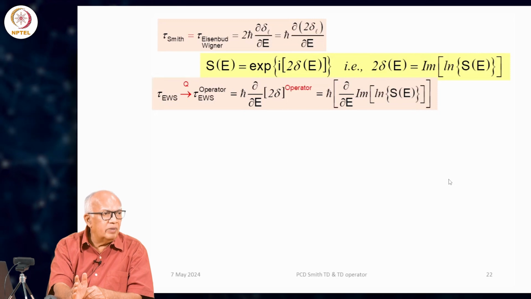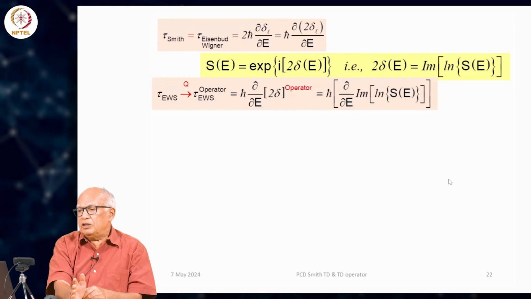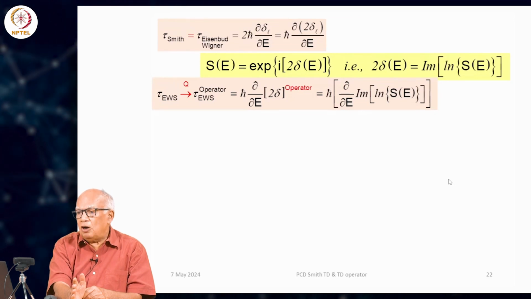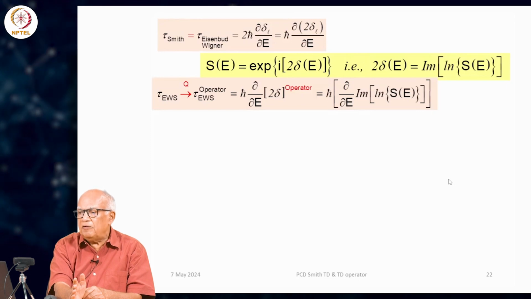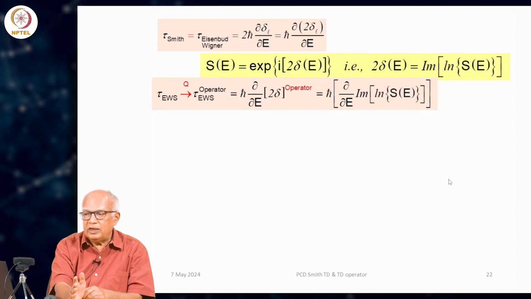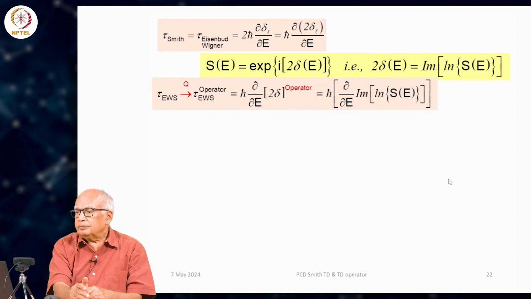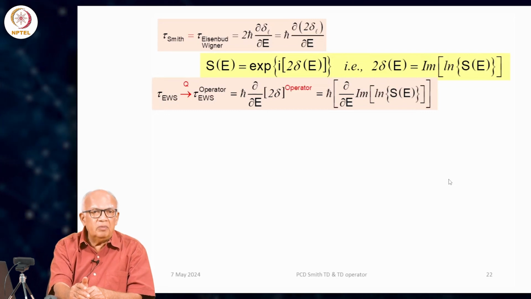Quantization is indicated by the letter Q on this arrow, which means that tau Smith, which is h cross energy derivative of twice delta, you have to write this in terms of an operator. This is quantization, and 2 delta we have written in terms of the imaginary part of the logarithm of S.